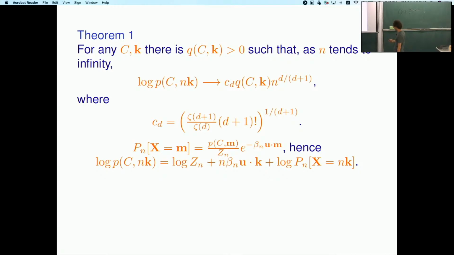So if we take logs here, we get that the log of the quantity that we're interested in, which is the same thing that we're trying to bound here, is equal to three terms.